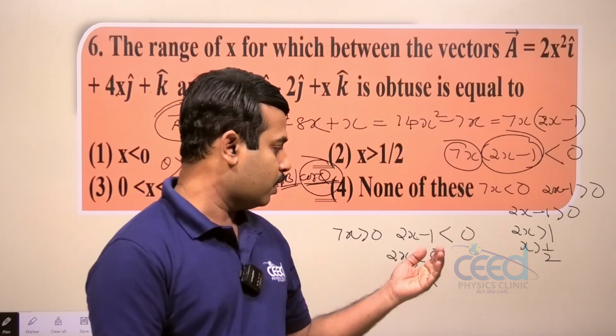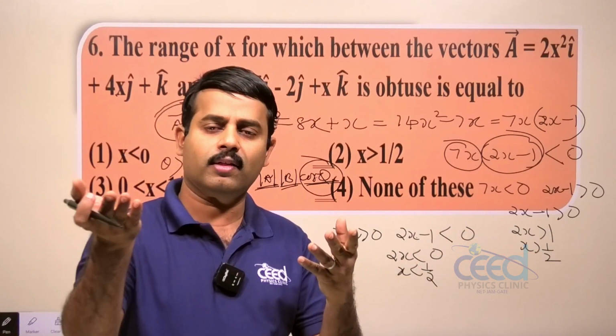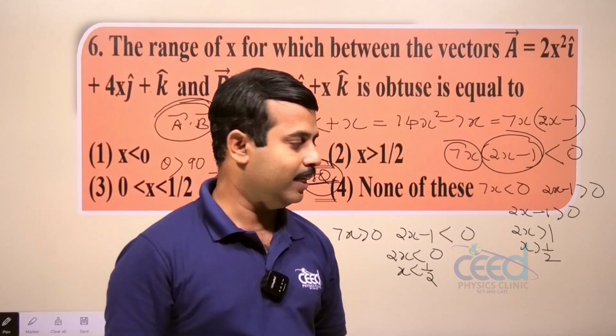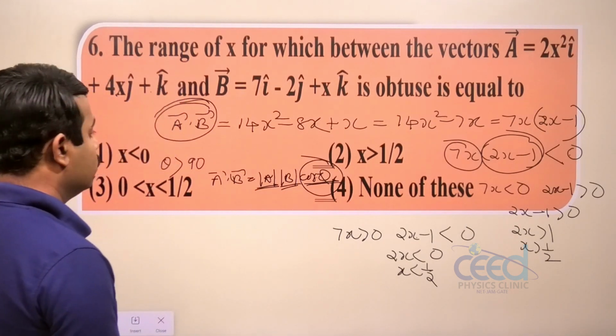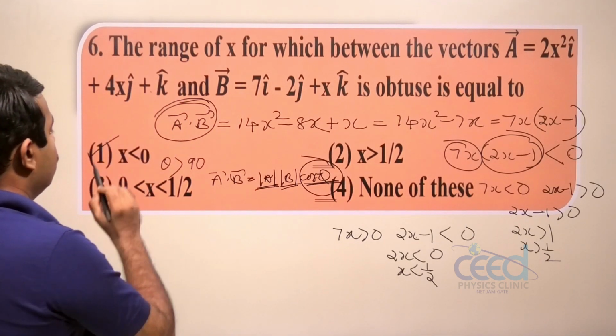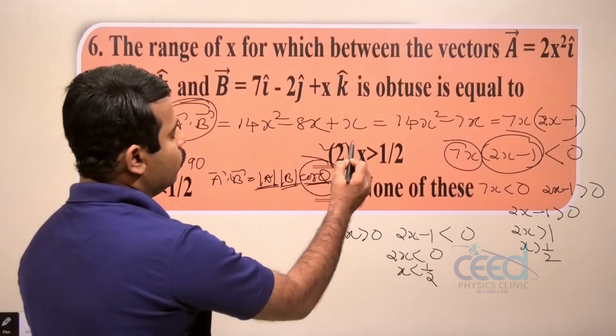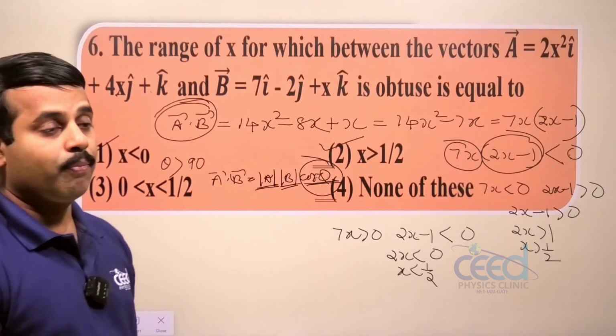So both solutions are possible? At a time, how can x be greater than 1 by 2 and x less than 1 by 2? That is not possible, right? So which one is the solution? x less than 0 is not possible. Now x greater than 1 by 2 is also not appropriate.